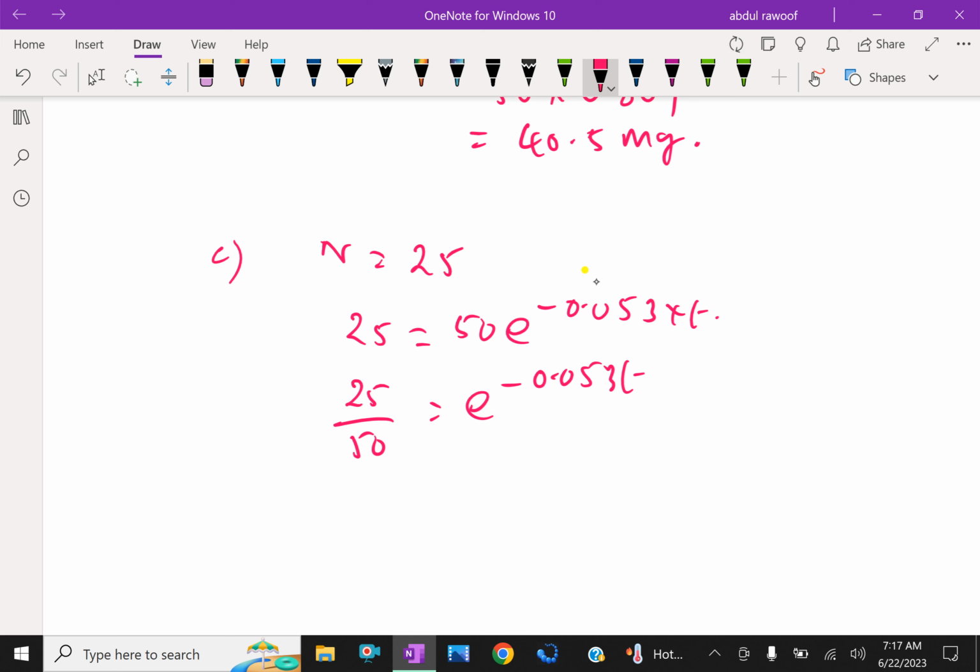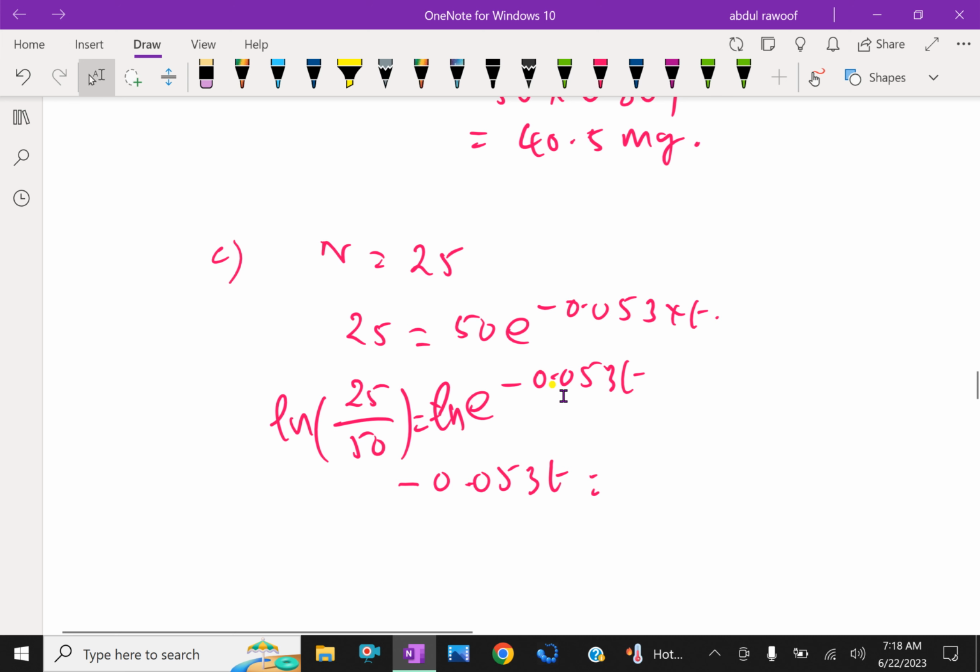So this is half, therefore we have minus 0.053 t equal to, taking ln on both sides. ln of e power minus 0.053 t is minus 0.053 t only, because ln of e power anything is that thing, equal to ln of half, because 25 by 50 is half.